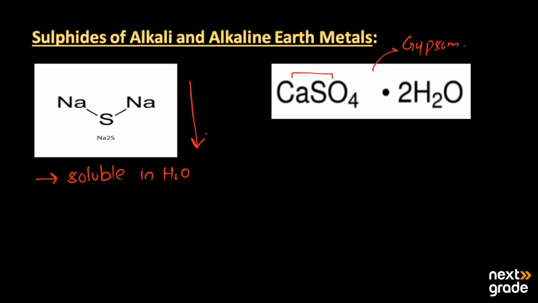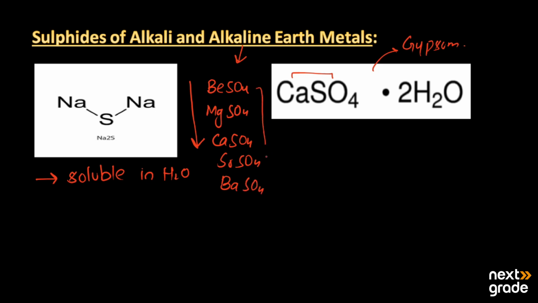Here we can have the example. We have beryllium sulfate, these are the sulfates of alkaline earth metals. Then we have magnesium sulfate, calcium sulfate, strontium sulfate, and then barium sulfate.